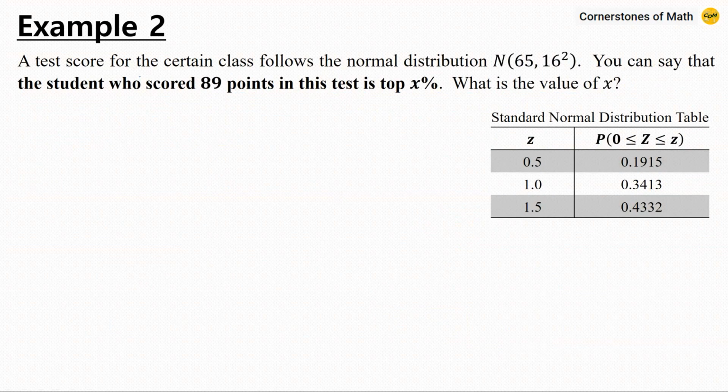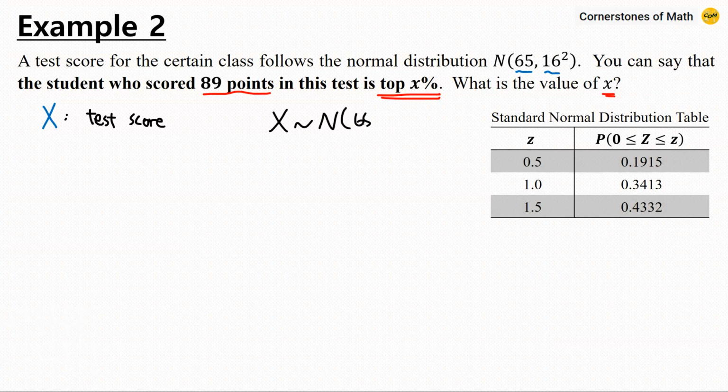And here's another example. A test score for a certain class follows the normal distribution with mean 65 and standard deviation 16. You can say that the student who scored 89 points in this test is top X%. What is the value of this X? So this time let X be the score of the test, hence X follows the normal distribution 65, 16 squared.